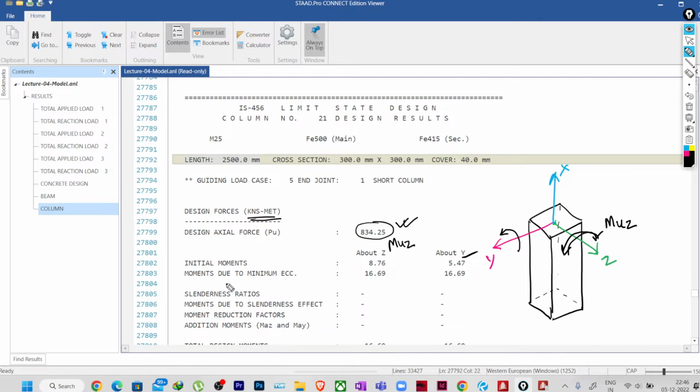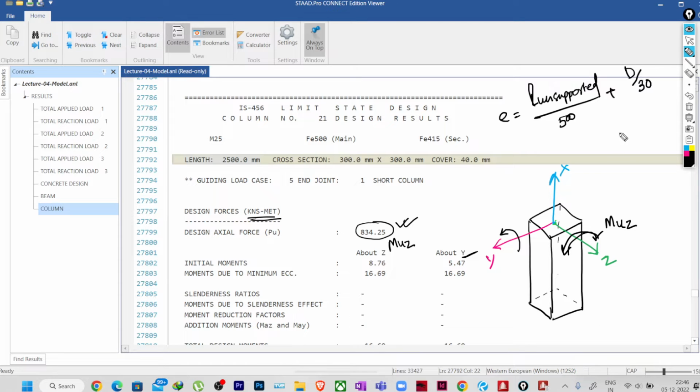Now we have moments due to minimum eccentricity. So do you remember that we have also checked the minimum eccentricity, which was e equal to L unsupported, the unsupported length of the column, divided by 500 plus D by 30, D or B it will be, okay.